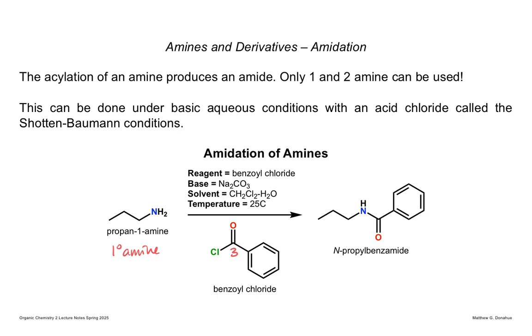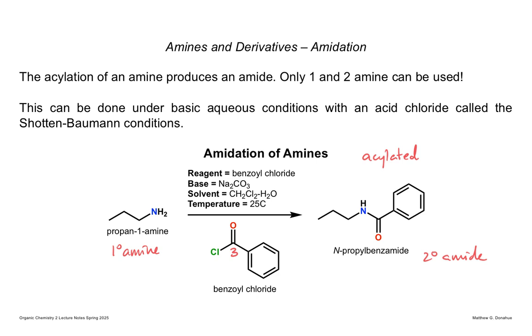The amine gets acylated. And what we end up with now is a secondary amide. So an amine plus an acid chloride gives you an amide.